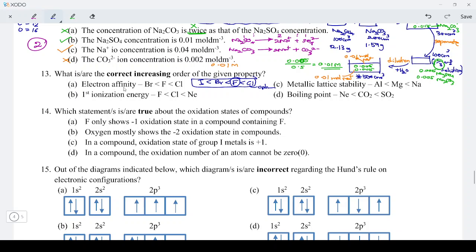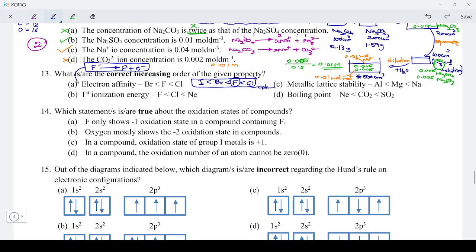So here if you want to write a reaction, for the affinity we can write F minus goes to F plus an electron. So this is the reaction for the affinity. It's the reverse of first electron gain energy.